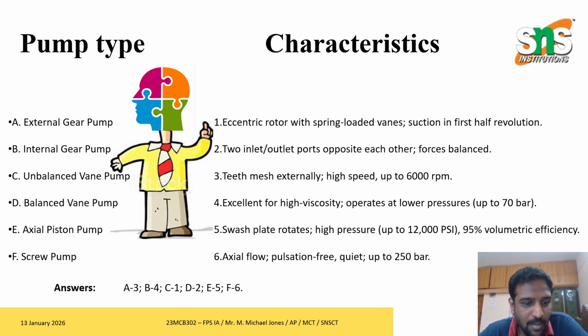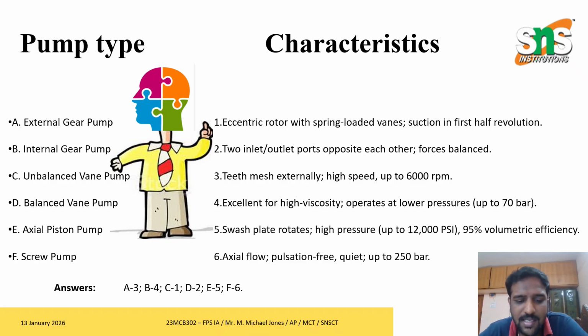For the unbalanced vane pump, an eccentric rotor with spring-loaded vanes is used. For a balanced vane pump, two inlet and outlet ports are opposite to each other. For an axial piston pump, the swash plate rotates, high pressure can be used, and 95% volumetric efficiency can also be achieved. For a screw pump, axial flow, pulsation free and quiet, up to 250 bars of pressure can be used.